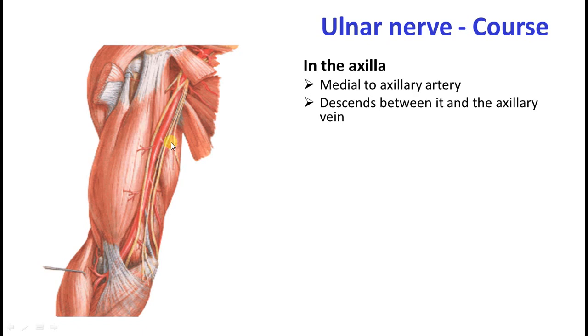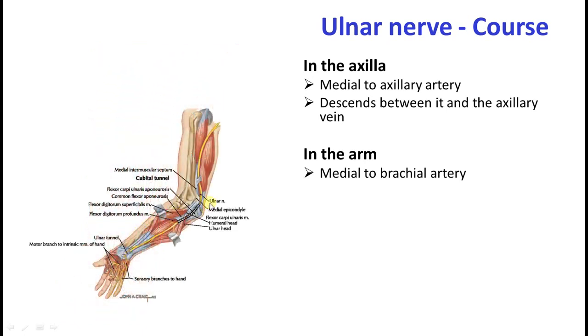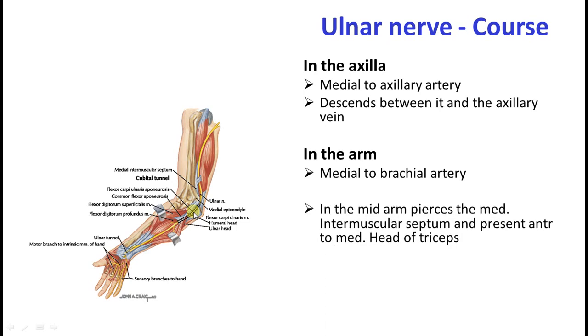Only for a short distance in the lower part of the arm, first of all it is present medial to the brachial artery, then suddenly it pierces the medial intermuscular septum and passes behind. Okay, so here it passes posteriorly and it is lodged in a sulcus, which is called the sulcus nervi ulnaris.